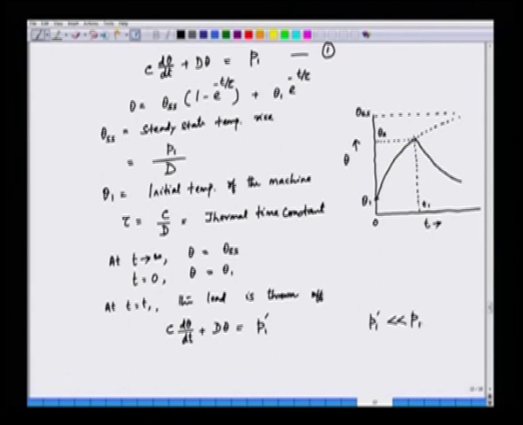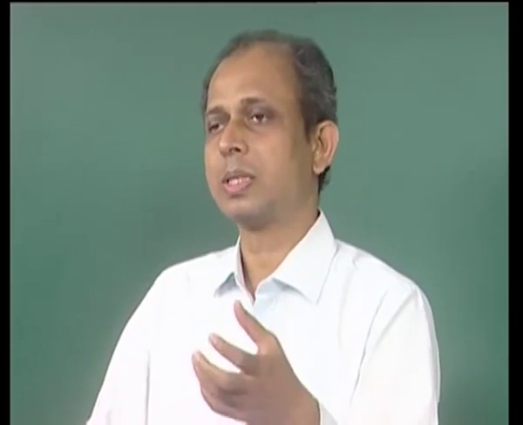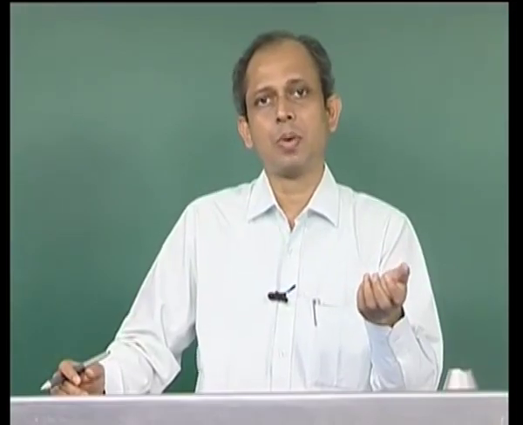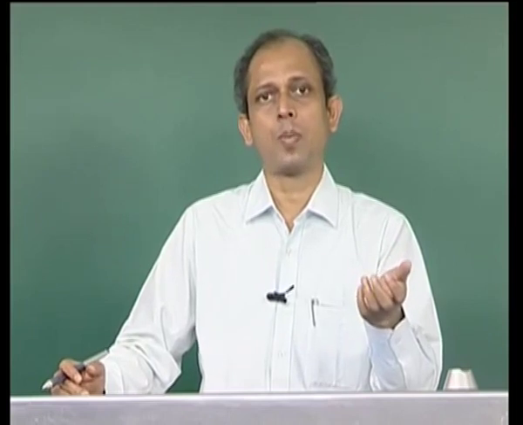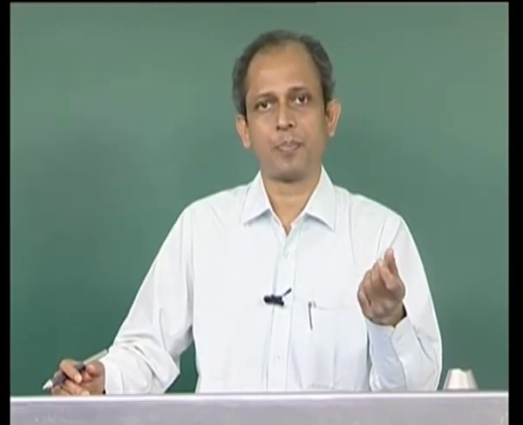When the motor is loaded, the loss is quite large, and when the load is switched off, the losses inside this machine reduce drastically. So, P1 prime is the loss when the load from the motor is removed. When the motor is unloaded, the loss is P1 prime.